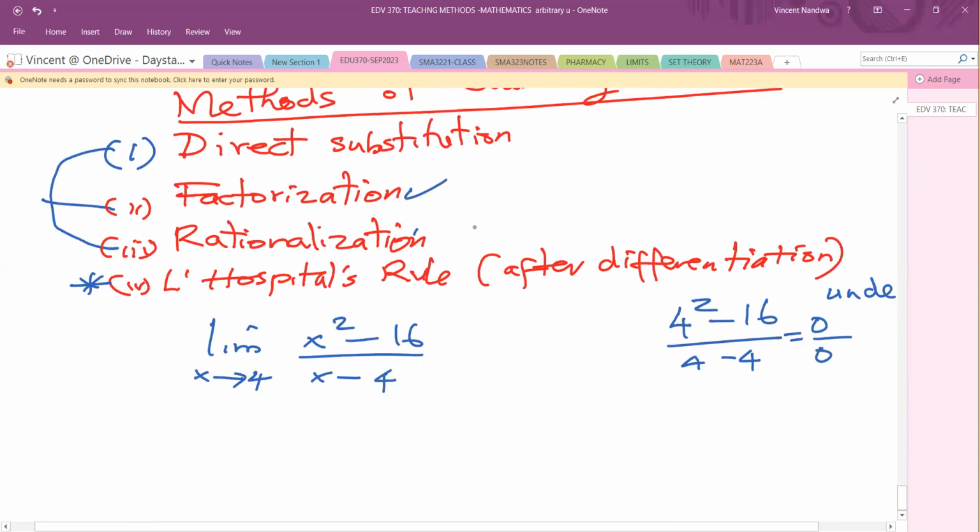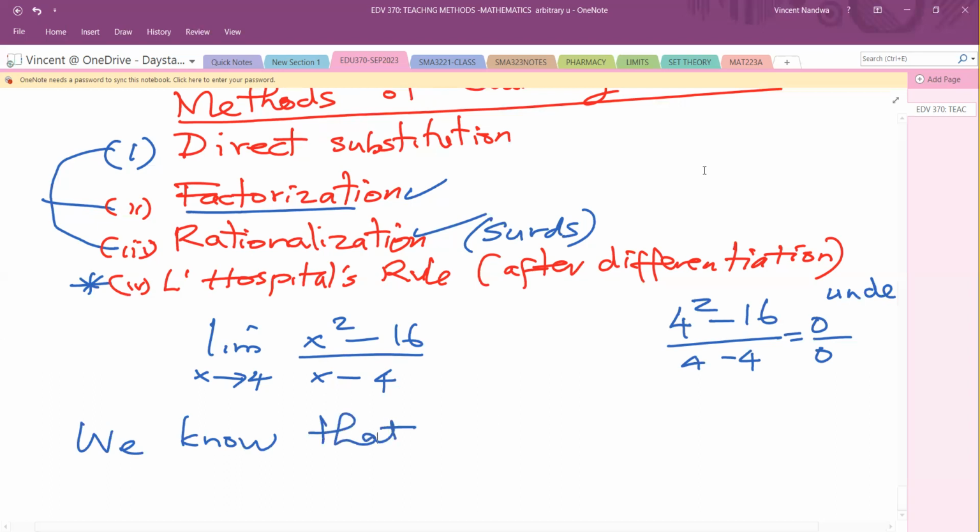Na ukitaka kujua penye unafanya rationalization, utaona vitu zinakaa kama SATs. Sawa? Things which look like SATs, rationalization inatumika. Now once you get these polynomial functions, then factorization ndio utatumia. So you need to know this.